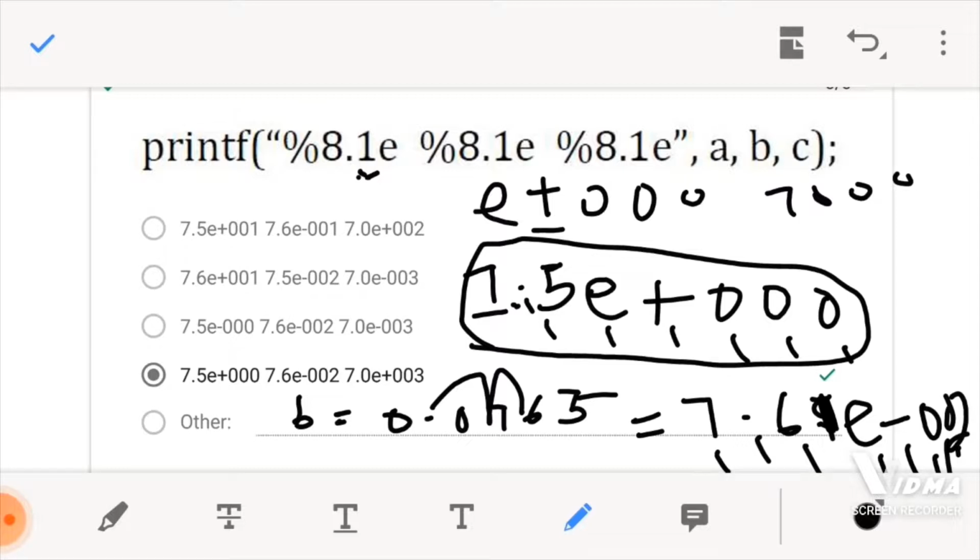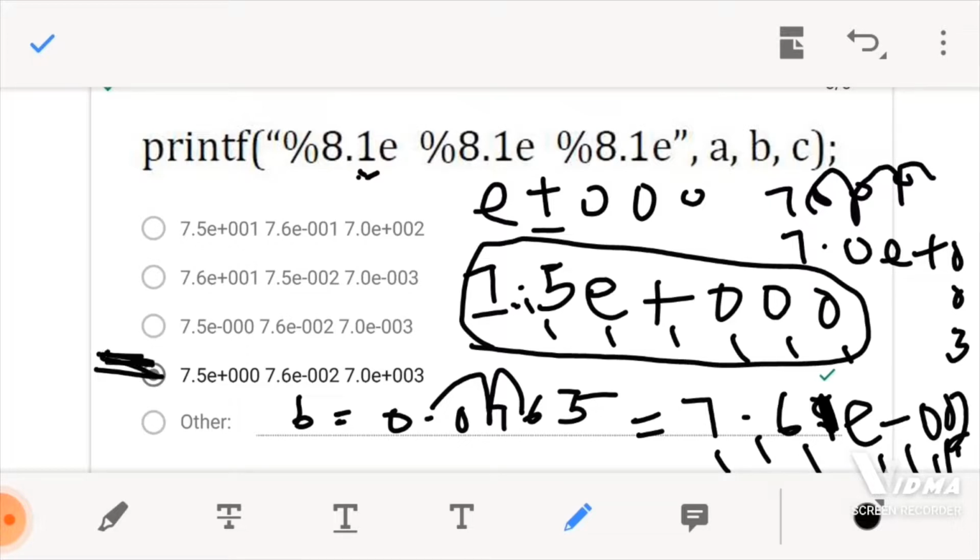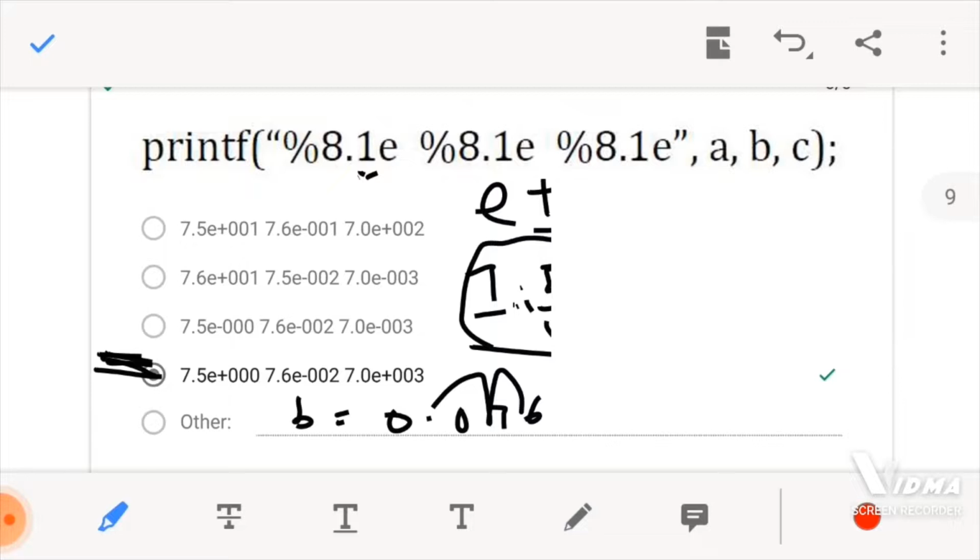So we would move 3 places to the left, 1 2 3, and we would have 7.0, one decimal place, exponent positive 003, since we moved 3 decimal spaces to the left. So our answer would be this. So let's move on to our next question.